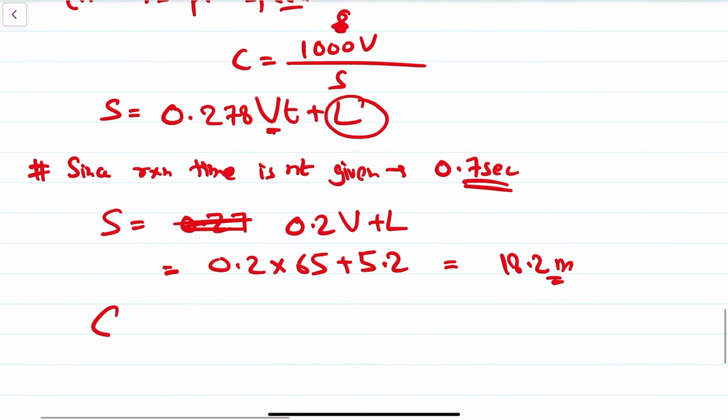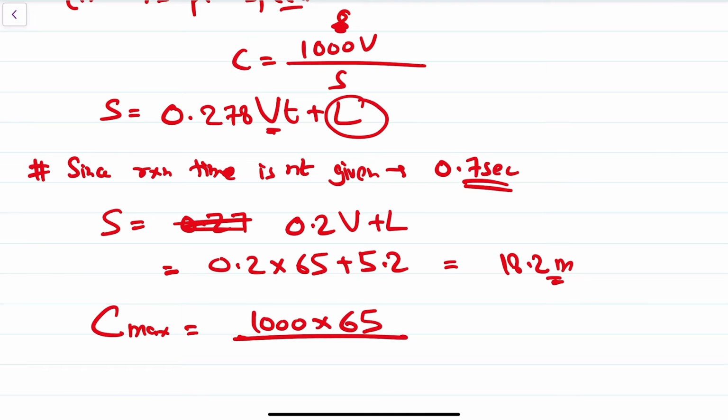Putting the value, C max, that is the maximum theoretical capacity, will be 1000 into V. V will be 65 kilometers per hour. So it will be 65 into 1000 divided by 18.20.